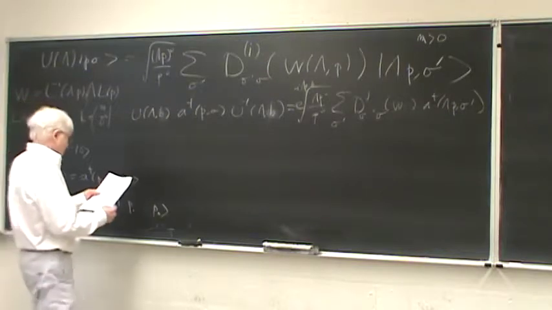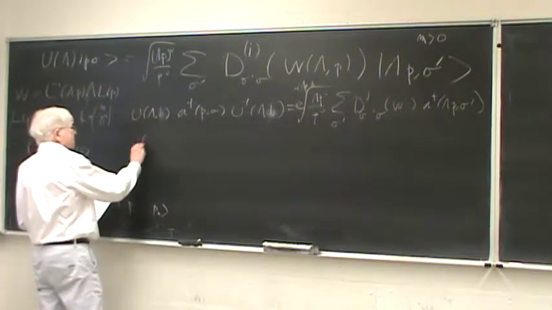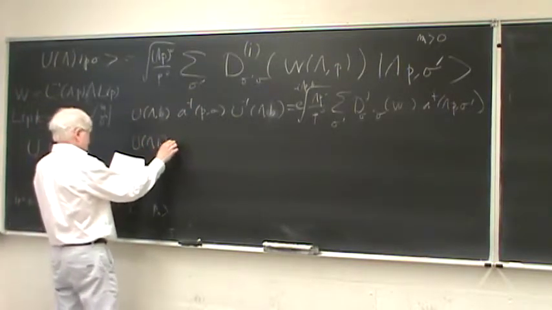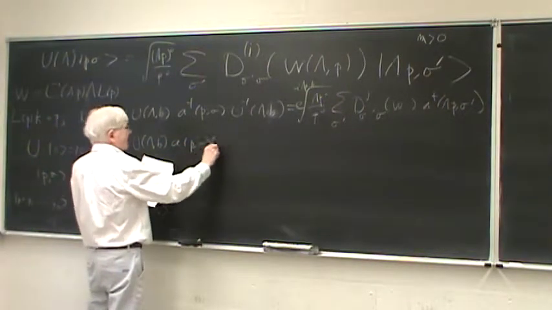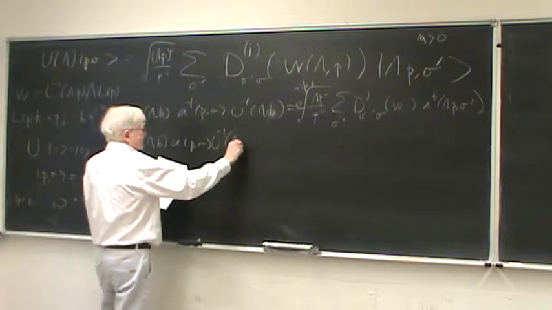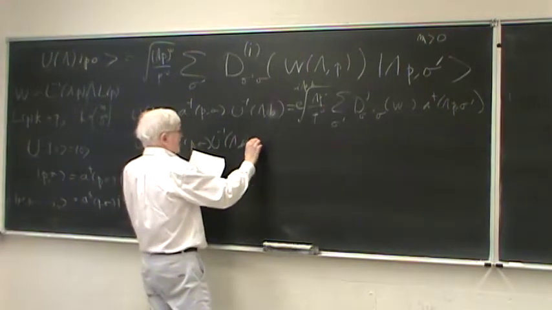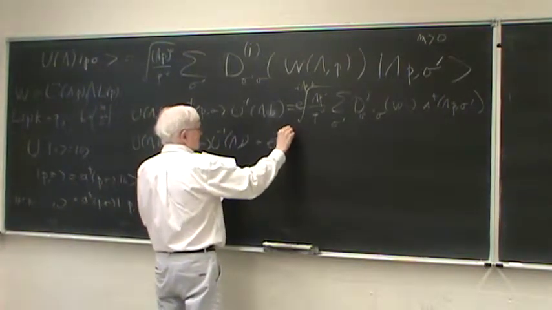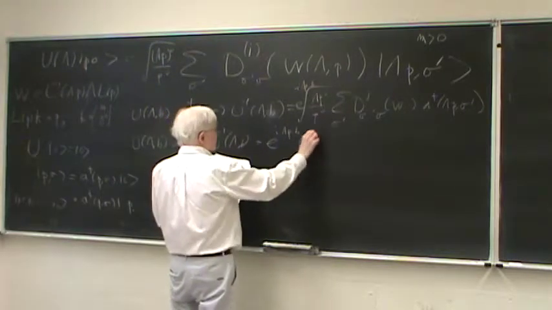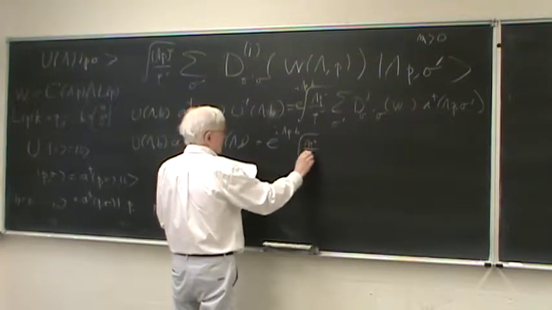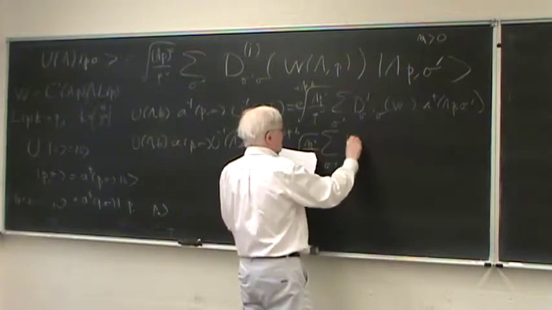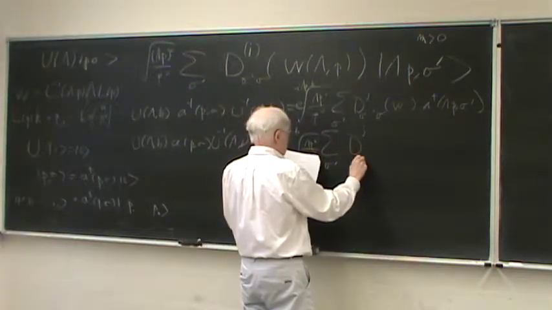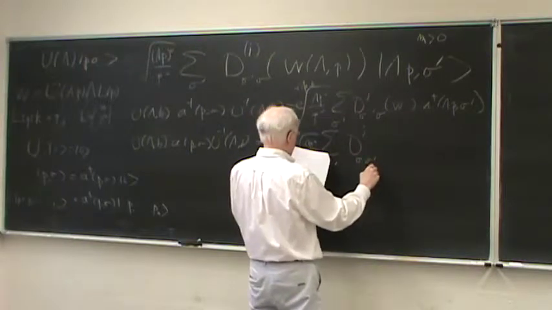Okay, so that's for the creation operator. For the annihilation operators, U of lambda and b, a of p and sigma, U inverse of lambda and b is e to the i lambda p dot b, square root of lambda p0 over p0, sum over sigma prime, D^j sigma sigma prime.